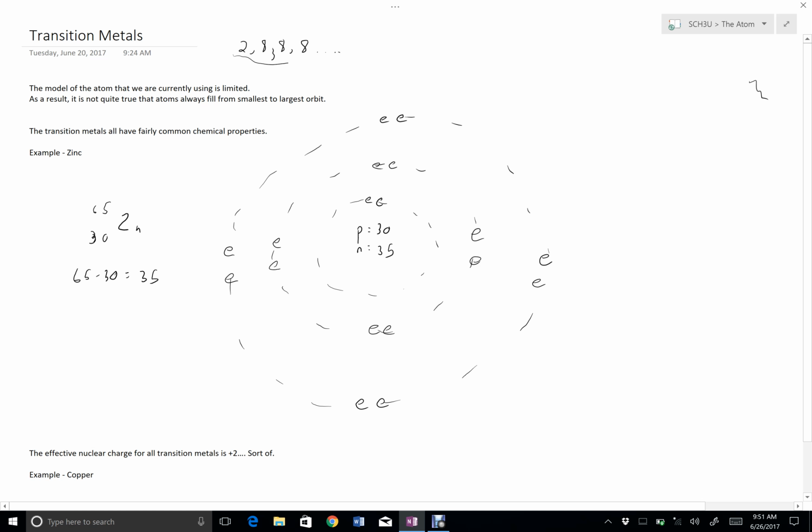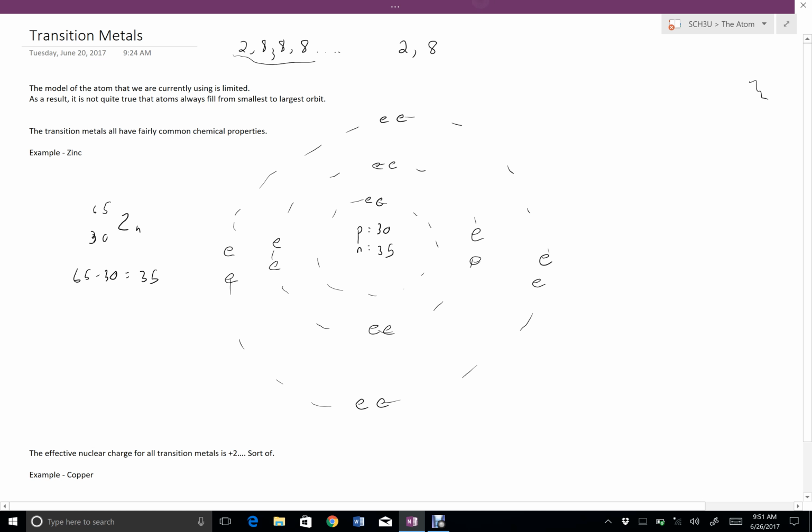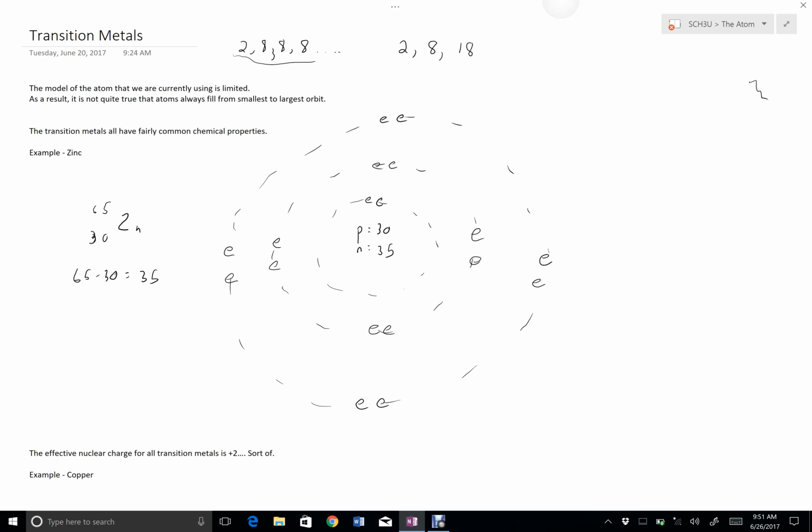But this is a slight oversimplification. It actually follows the pattern 2, 8, 18. So that's 2 times 1 squared, 2 times 2 squared, 2 times 3 squared, and so on. So this shell right here can actually hold some more electrons if it wanted to.